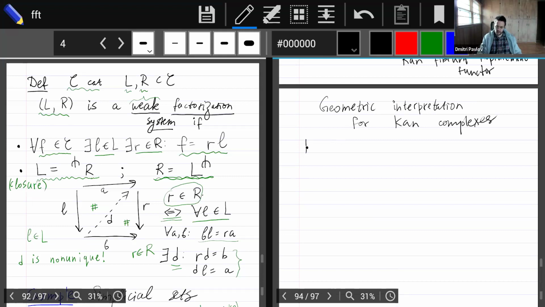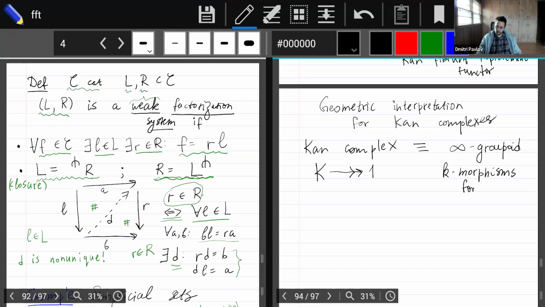And the slogan here is, a Kan complex, which is defined as a simplicial set K for which the canonical map to the terminal simplicial set is a fibration, is the same thing as an infinity groupoid, meaning a type or a notion of a higher category where you have k-morphisms for all k. And these k-morphisms are invertible.